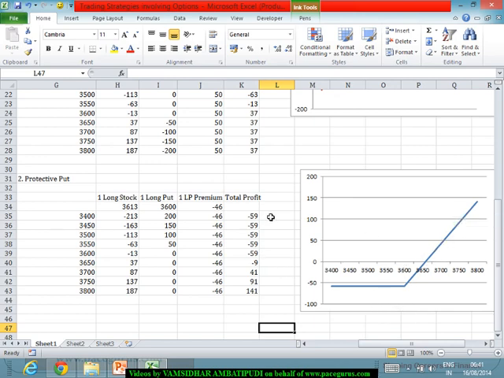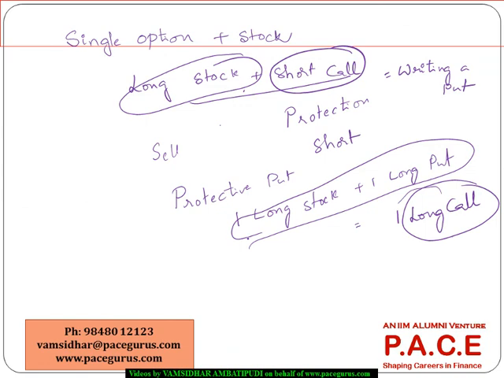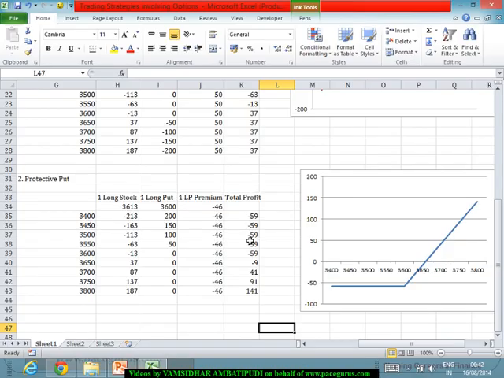The loss is mitigated to the extent of only 59 bucks, but when there is a profit, there is going to be an exceptional profit. The profit goes much higher as well, right? These kinds of strategies typically fall into single option strategies clubbed with the underlying stock.